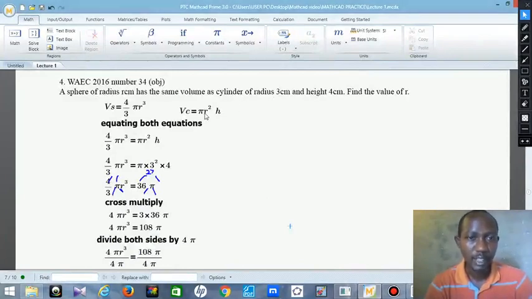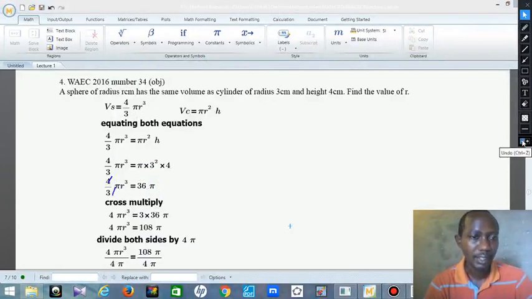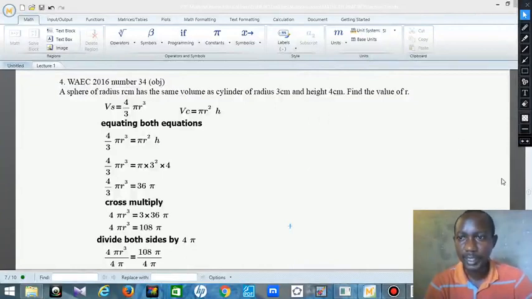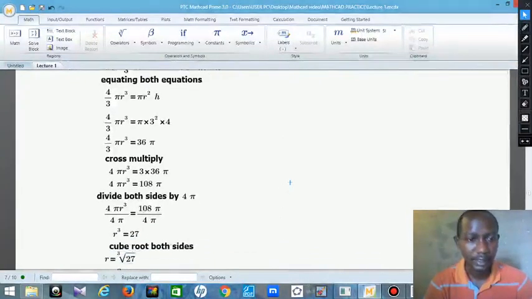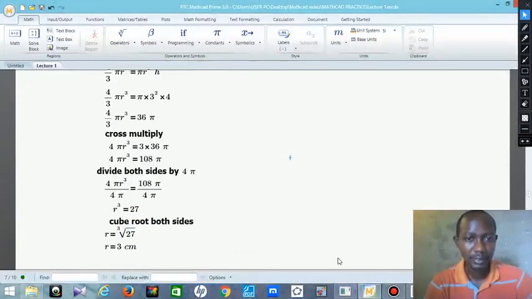The volume of a cylinder is pi r square h. The volume of a sphere is 4/3 pi r cube. Then equate both of them and solve for r, and you get your answer. So take note of this. Finally, the radius in this question is 3 centimeters. So that is all.